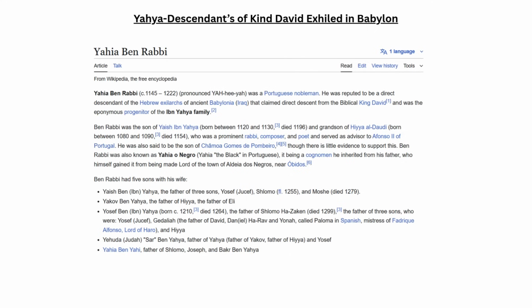They moved and migrated into Iberia, and I wouldn't read all of this, but basically the family traced their lineage back to King David. He was very highly respected by the king of Portugal, and you can read some of that history here. Some others have covered this, so I'm not going to belabor the point.